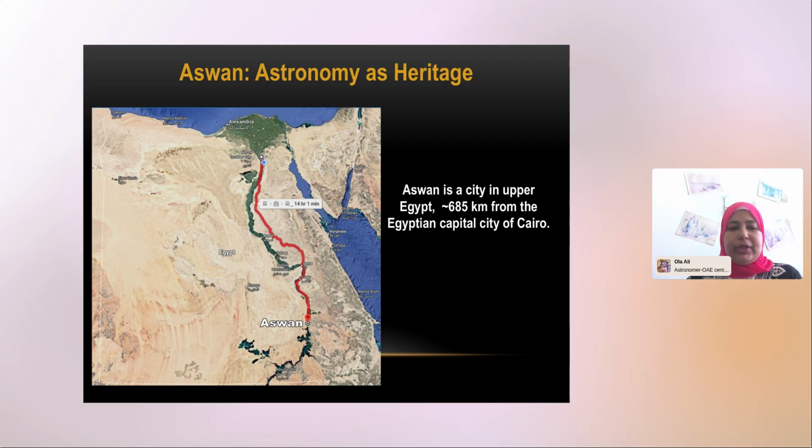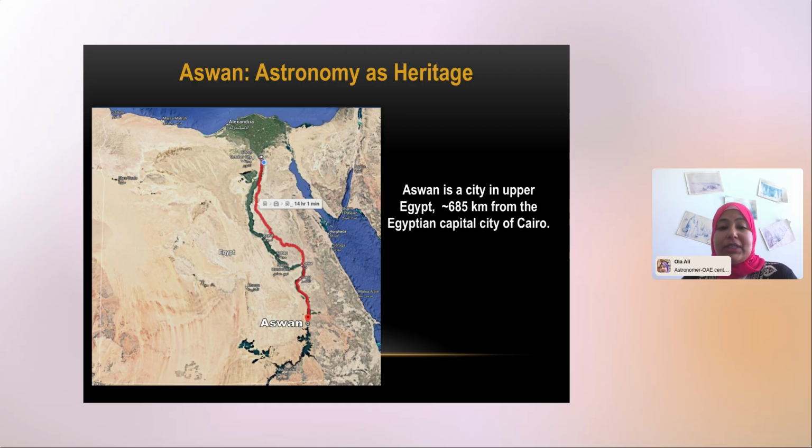After that, we will take another city, Aswan. In Aswan, astronomy is not only an observation like in Siwa, but it's a heritage. Aswan is a tourism city.